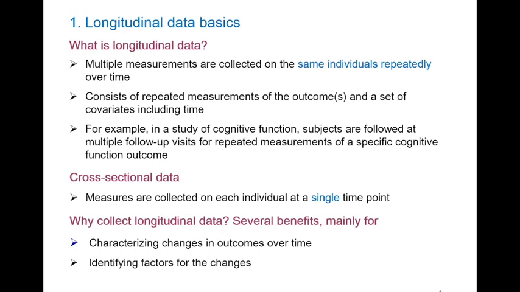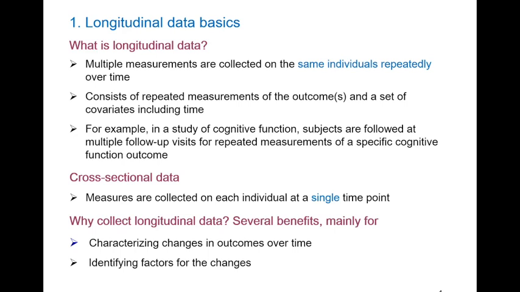For example, in a study of cognitive function, subjects are followed at multiple follow-up visits for repeated measures of a specific cognitive function outcome. Now, in contrast, cross-sectional data refers to the situation where measures are collected on each individual at a single time point.